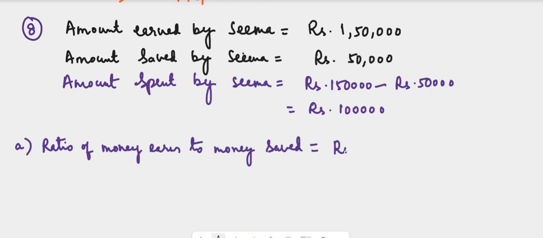Earns equal to rupees 1,50,000, saved rupees 50,000. So in both, rupees will get cancelled. These 4 zeros and these 4 zeros cancel. So next, the table of 5: 3 and 1. So the answer is 3:1. This is the ratio of money earned to money saved by Seema.